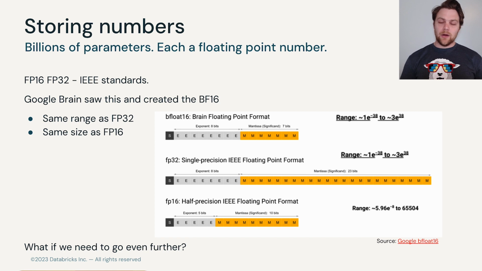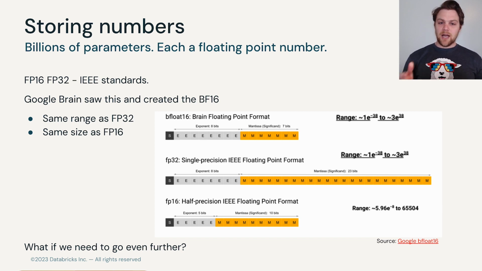Google Brain, when they were developing more deep learning algorithms, also realized that storing full 32-bit precision was potentially unnecessary. They came up with the Brain Float 16 format, which is used in a slightly different way than FP16. While it takes up the same amount of space on the computer as FP16, it actually changes how the exponent and the mantissa are allocated in the number.